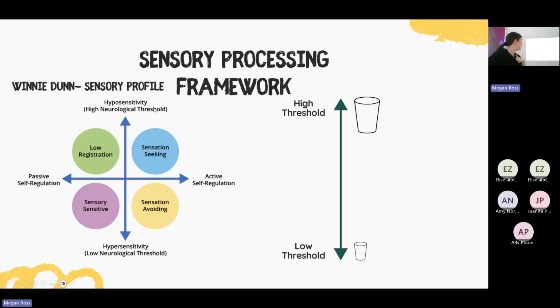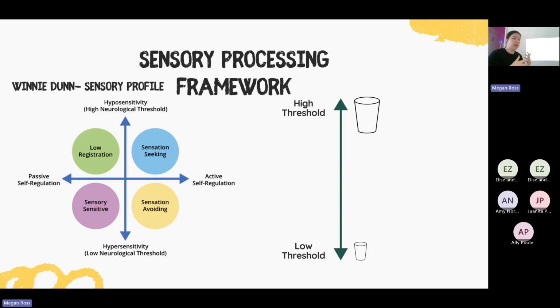Hypo, which means we have a high neurological threshold. Up here I've put a big cup. High threshold means that we need more sensory information to fill that cup. We notice it less than others, so we may need more sensory information to be able to fill our cup so that we notice and understand what's happening in our body or in the world around us.